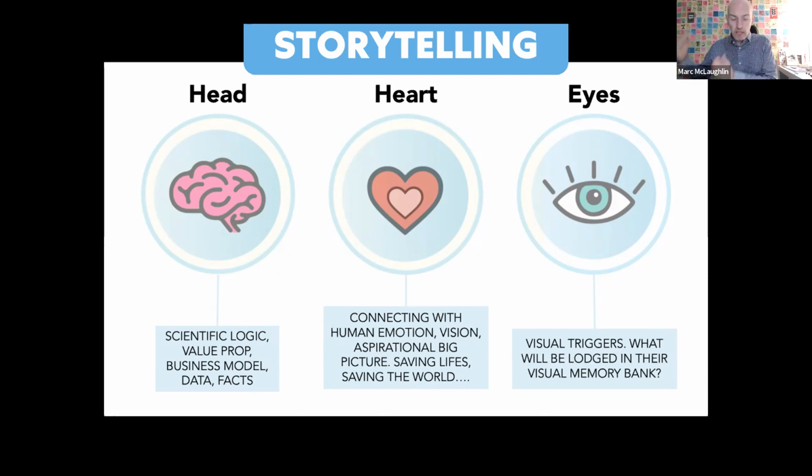And then when it comes to eyes, how do we take advantage of these amazing visual processors that we have using visual triggers, visual metaphors? How can we make use of that visual recall ability that people have by visual thinking? So logic, emotion, and visual triggers for visual thinking.